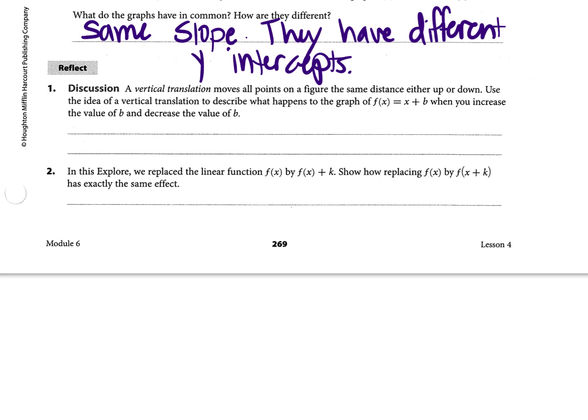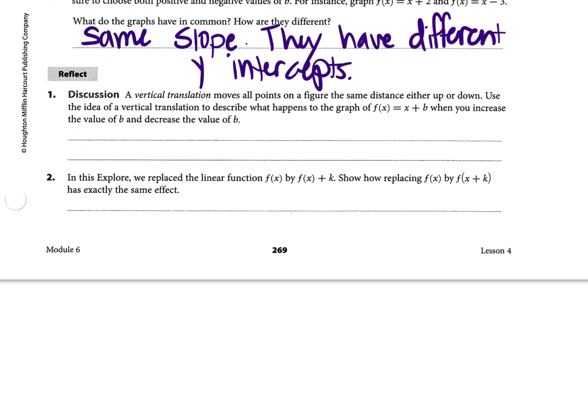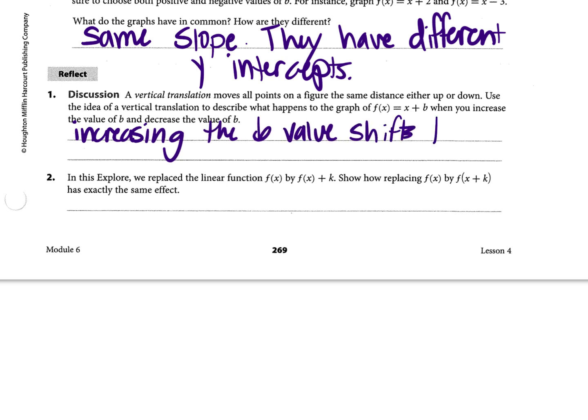By increasing the value of b, you move the line up. Decreasing it would shift it down.